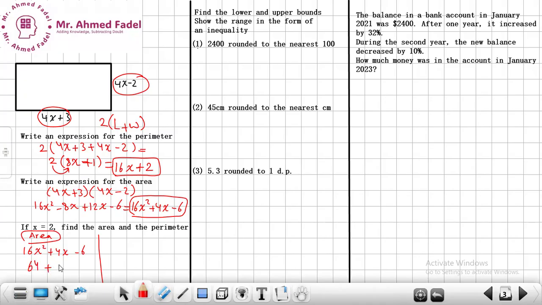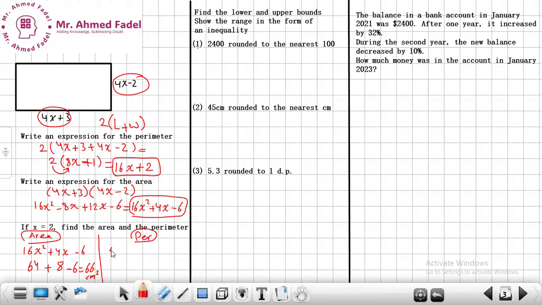Plus 4 times 2, 8. Minus 6 equals 64 plus 8 minus 6. You're going to find that it is exactly 66 centimeters squared. Here's the area, okay?